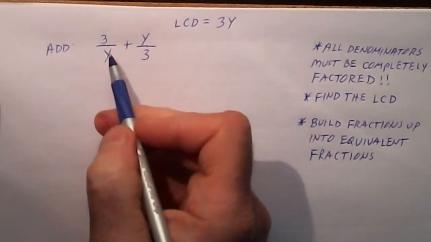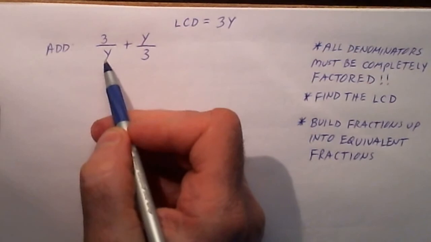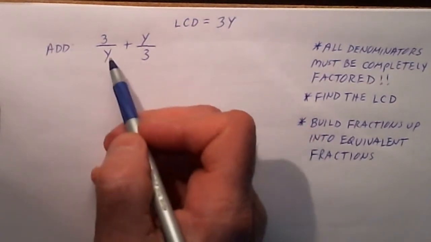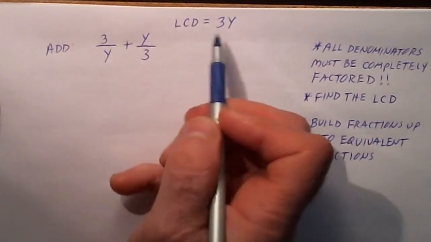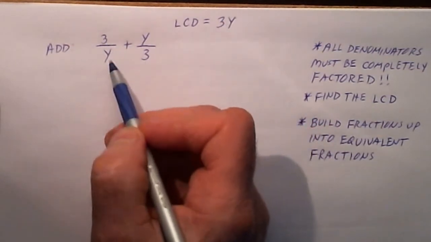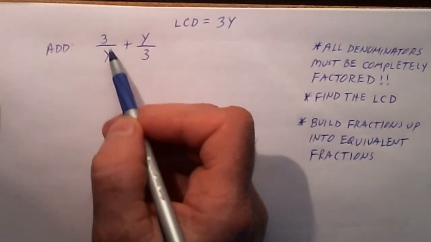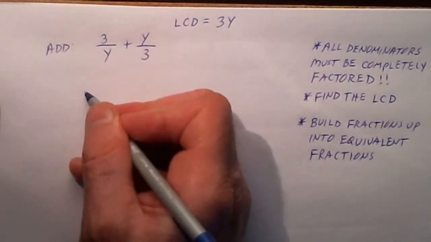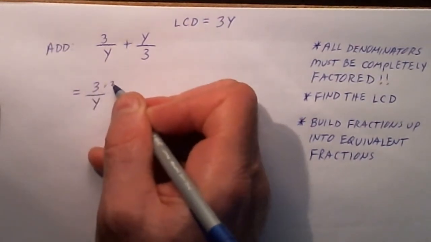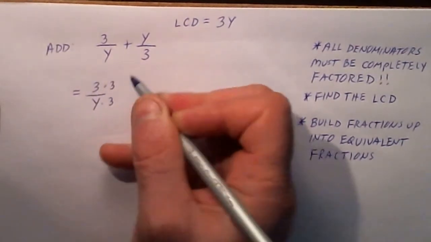That's to say that the first rational expression's denominator, being y, is missing the factor of 3. So in order to build 3 over y up into an equivalent fraction that has the least common denominator, we're going to have to multiply the top and bottom of the first rational expression by 3.